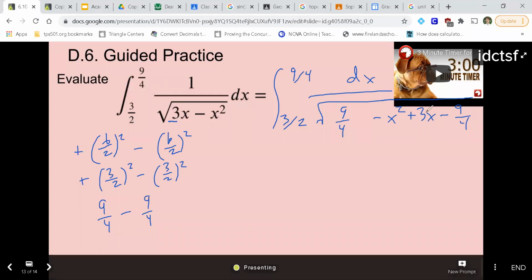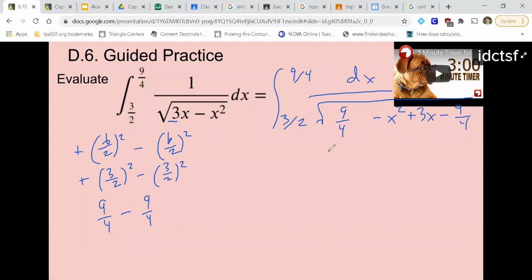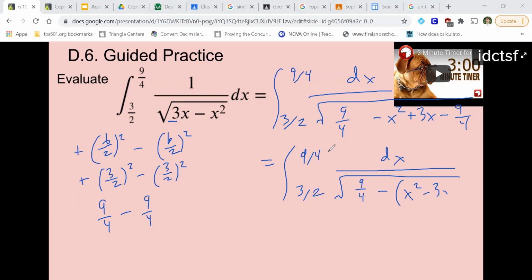If you then factor this, pull out that negative first, which might make this easier. Then we'll get the square root of 9/4 minus x squared minus 3x plus 9/4. Now you can see, hopefully, that this is a perfect square. We've actually forced it to be a perfect square. What two numbers multiply to 9/4 but add to -3? It's 3/2.